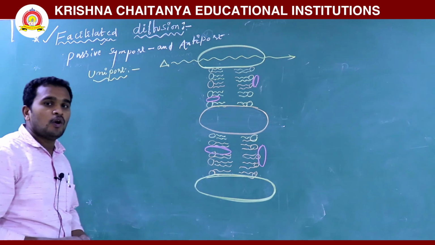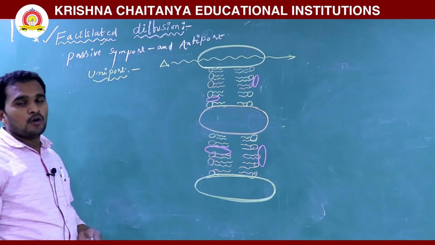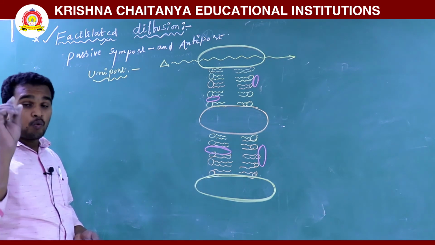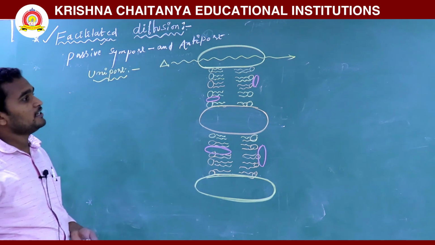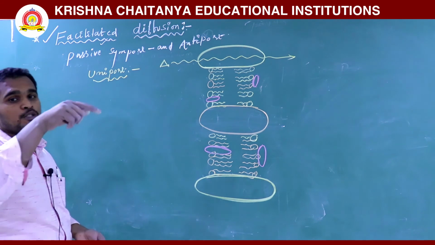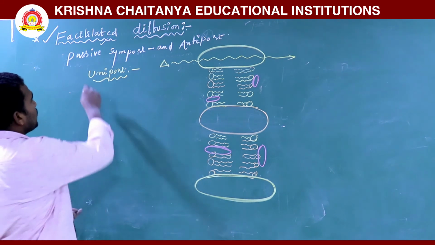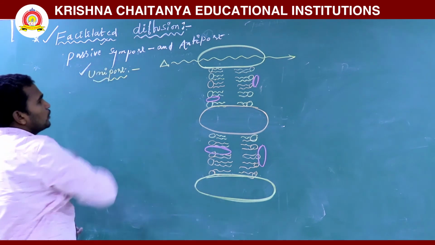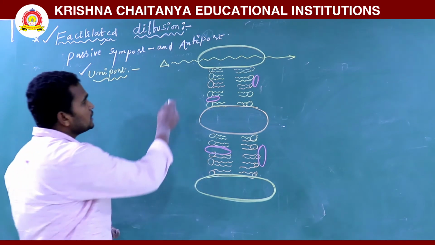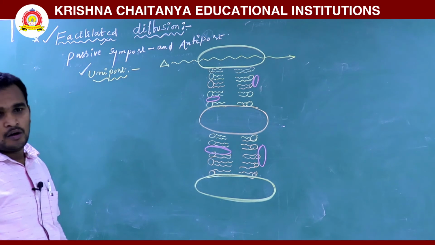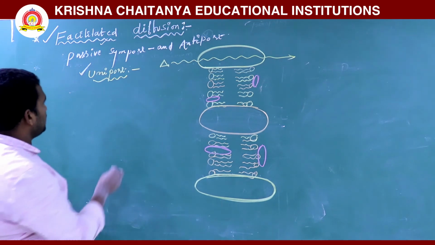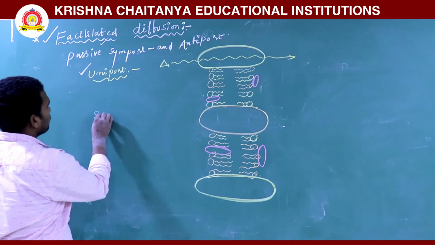It allows only one type of molecule, moving independently through the transporter protein. Uniport means it transports in only one direction.